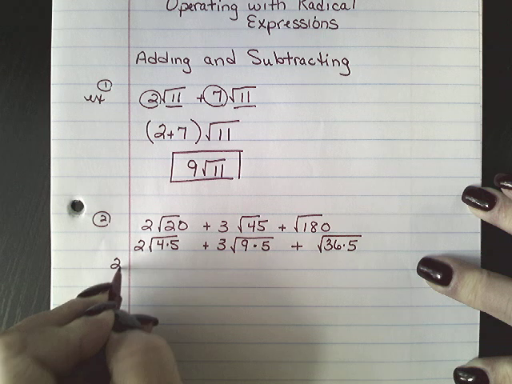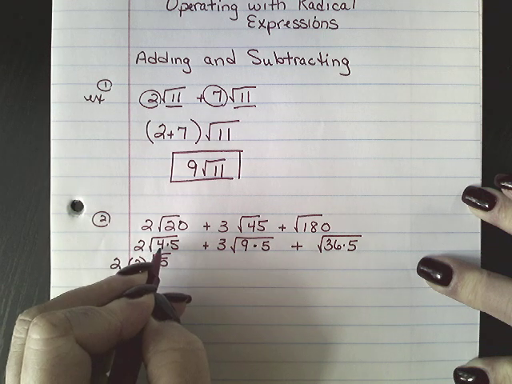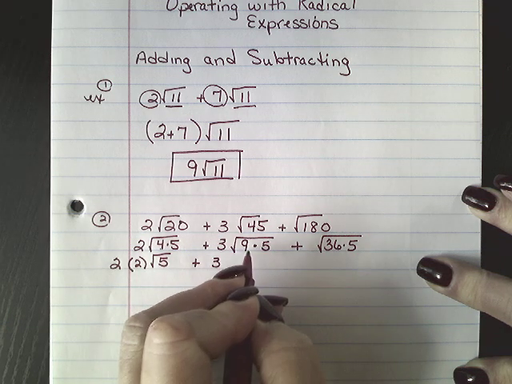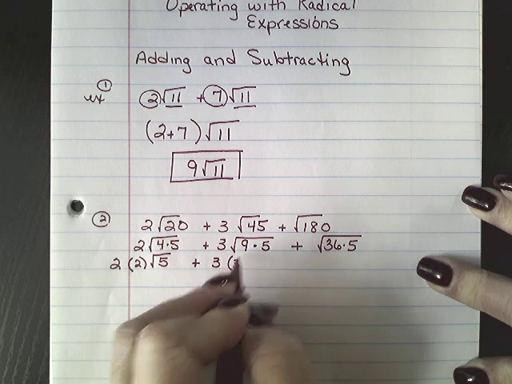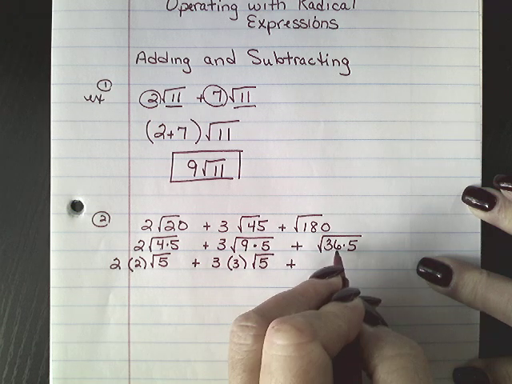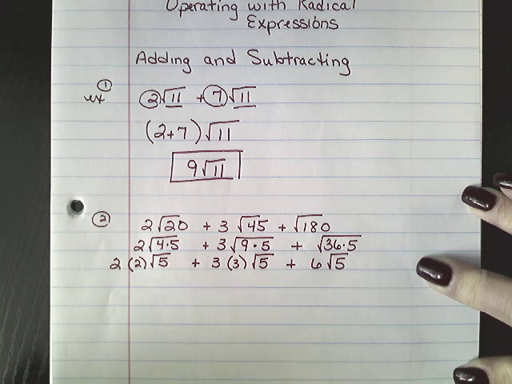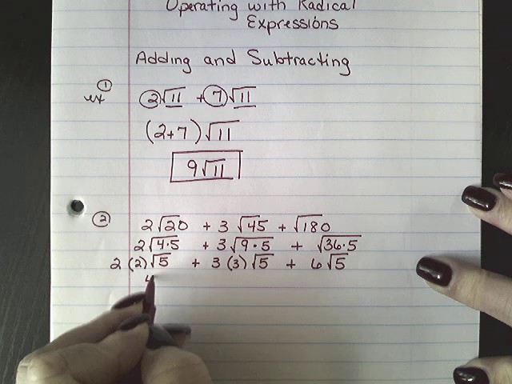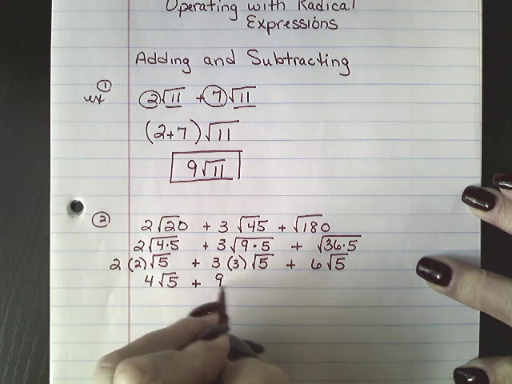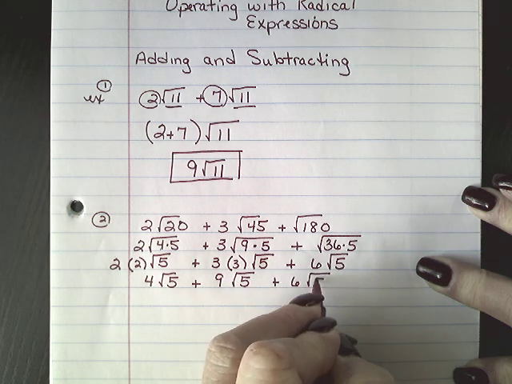So this now is 2 times 2 square root of 5, because the square root of 4 is 2, plus 3, square root of 9 is 3, times the square root of 5, plus square root of 36 is 6, square root of 5. So 2 times 2 would be 4 square root of 5 plus 9 square root of 5 plus 6 square root of 5.